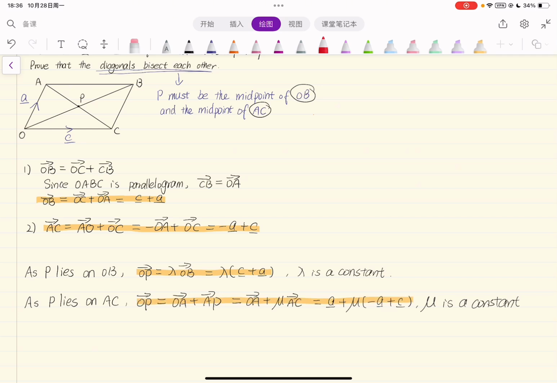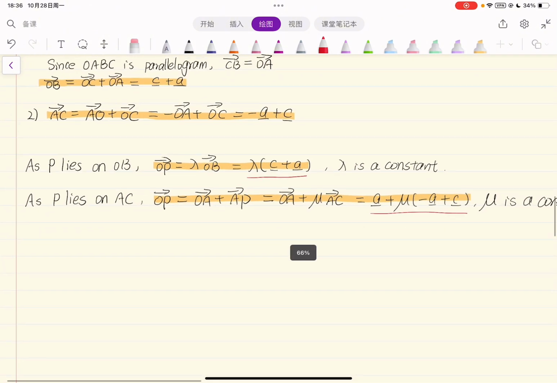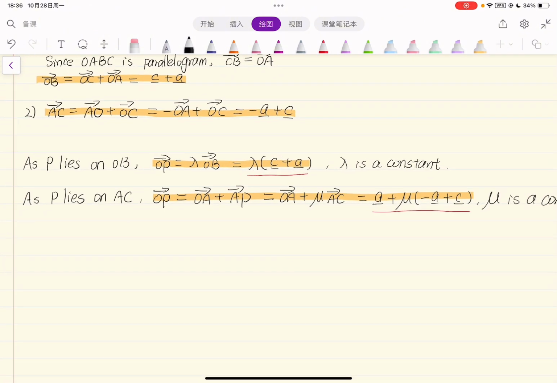So what we can write is that lambda times c plus a equals a plus mu times negative a plus c. Both of them equal the vector OP.